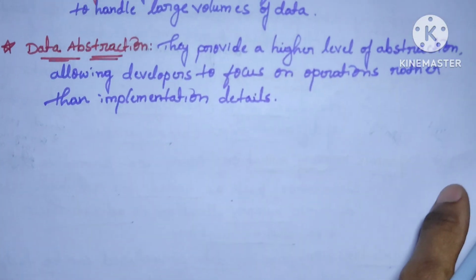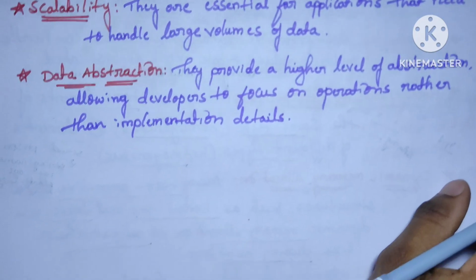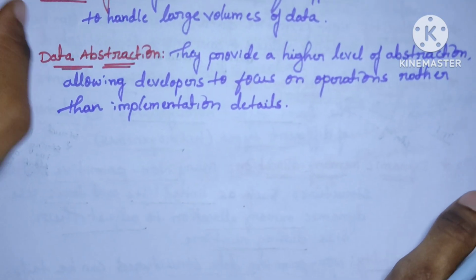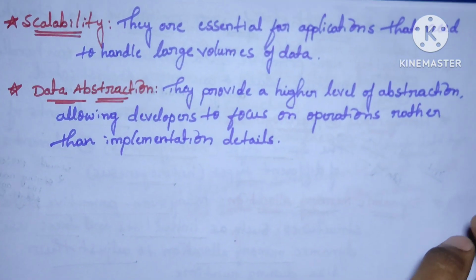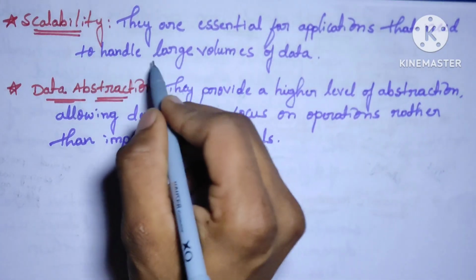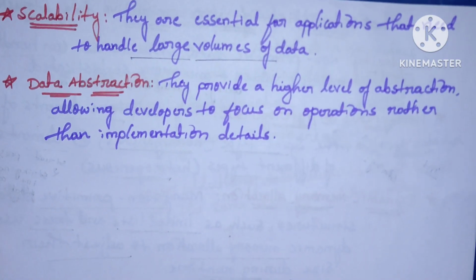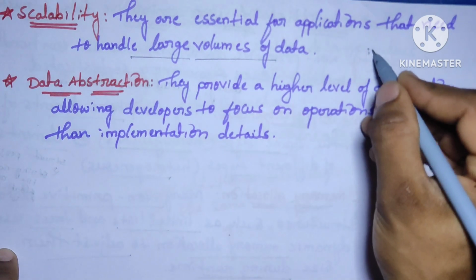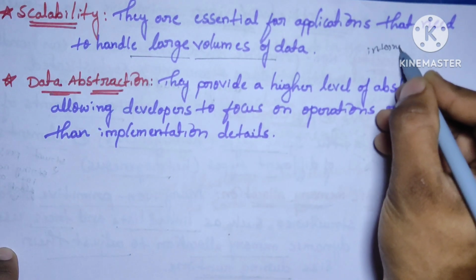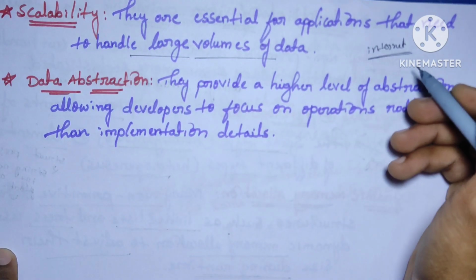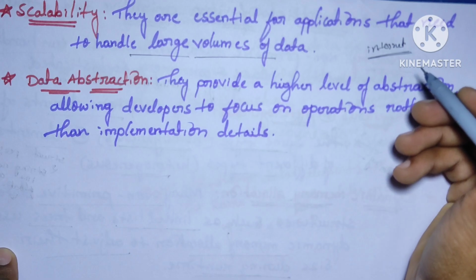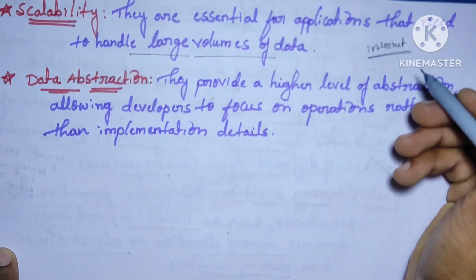If you move on, we have scalability. What is scalability? Scalability says that there are essential applications that need to handle large volumes of data, because data is growing day by day. Like the internet: in earlier days users were very few, but nowadays many people are using it.